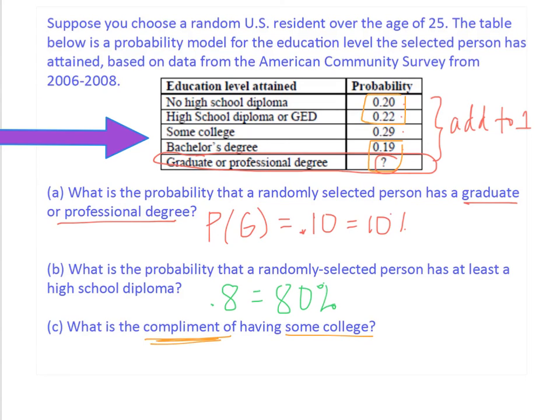So when I add those together, the probability of some college complement, or that little C up there, would be 1 minus 0.29, which gives me 0.71. And I could find that by doing the complement rule or by adding together everything except for some college. So this is an example of using my probability rule.